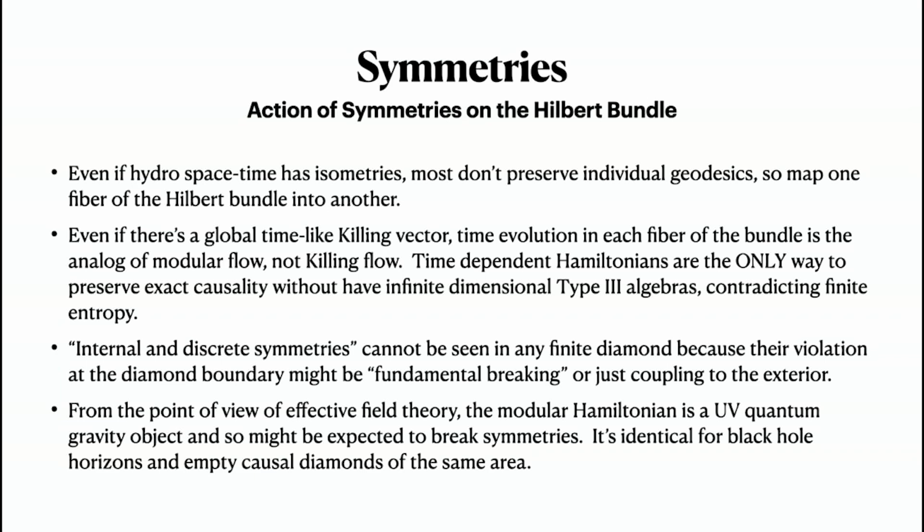Again, if you think from the point of view of effective field theory, the modular Hamiltonian that I was talking about, as I told you, has to do with what's going on at the very boundary of causal diamonds. If you think in quantum field theory, that's the place where quantum field theory breaks down.